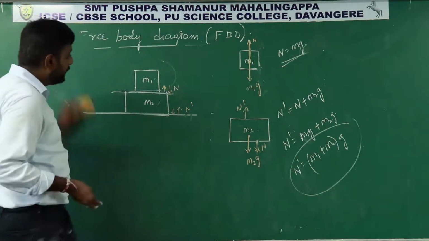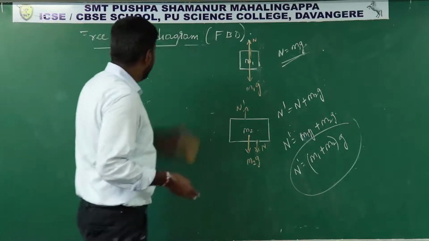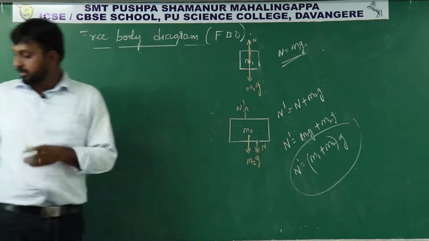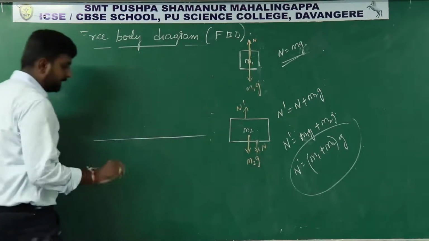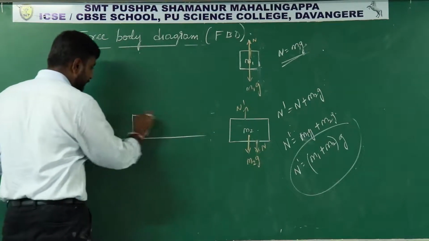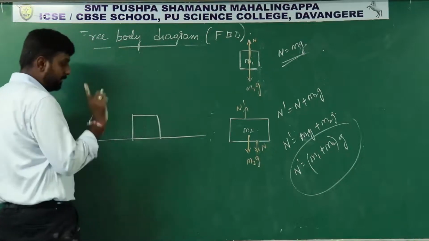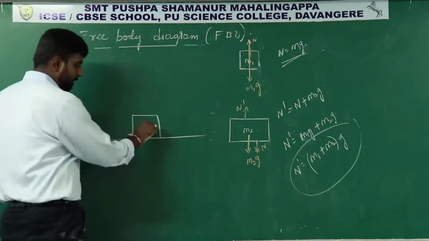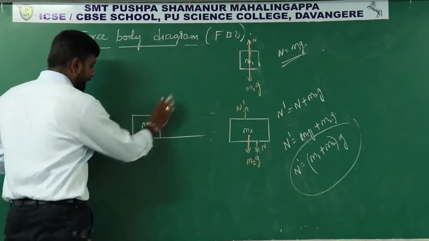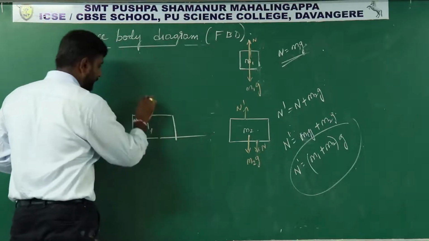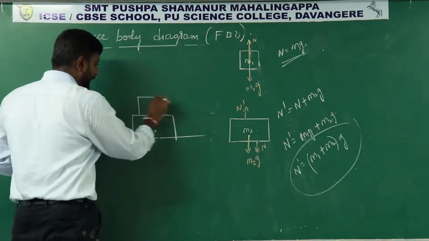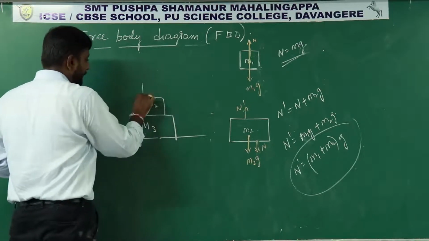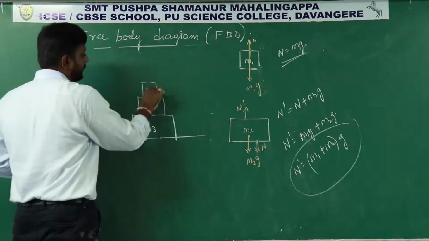I have taken here two bodies, right? Okay. Then what you have to do: consider a horizontal surface. This is the first mass, m1, otherwise let us take m3, and this is the mass m2 and this is the mass m1.